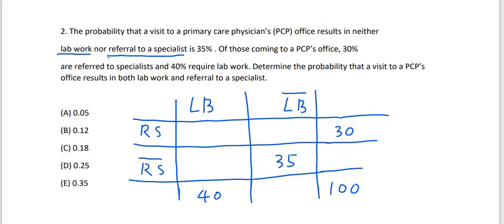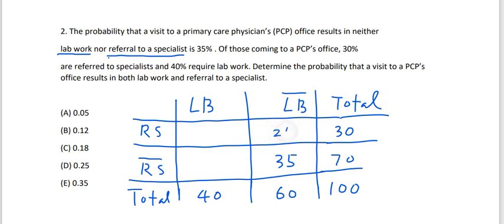Then we can fill out the table. So this should be 60, this should be 70, because the total is 100. This is 60, this is 35, then here should be 25.